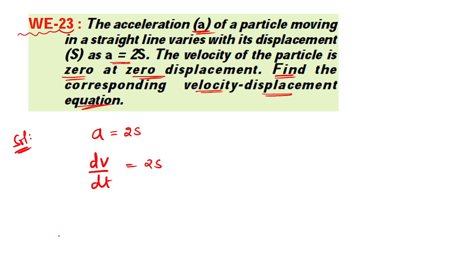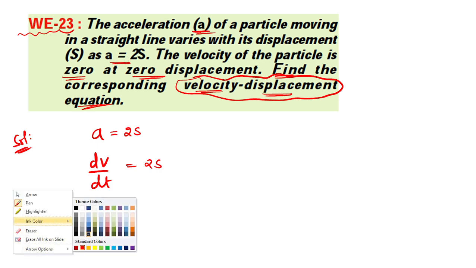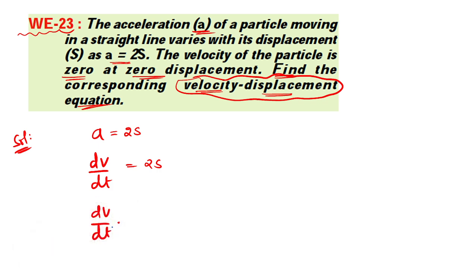Since I'm asking for the velocity and displacement relation, you need to remove the dt. So I'll multiply with ds upside and downside, which is equal to 2s.